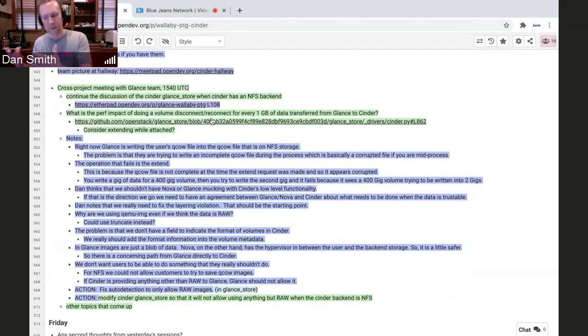Whereas the right solution to me is to not have the layering violation, but we're going to have the layering violation with Nova and Cinder anyway for reasons.